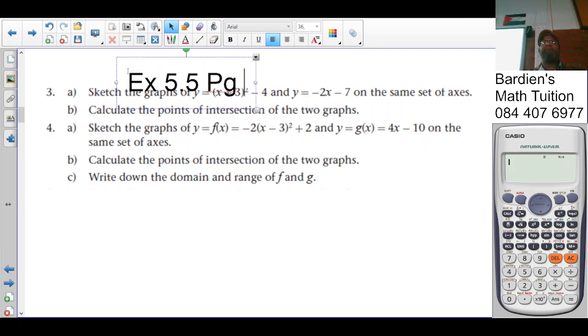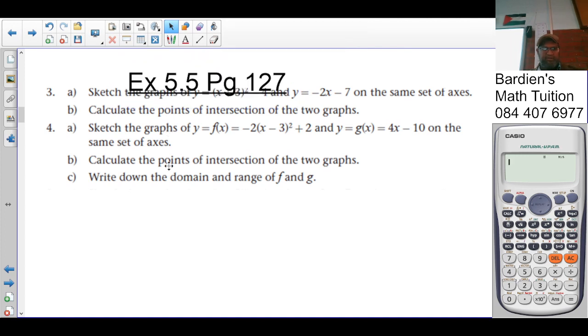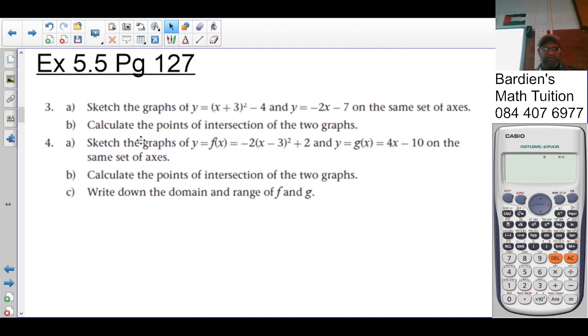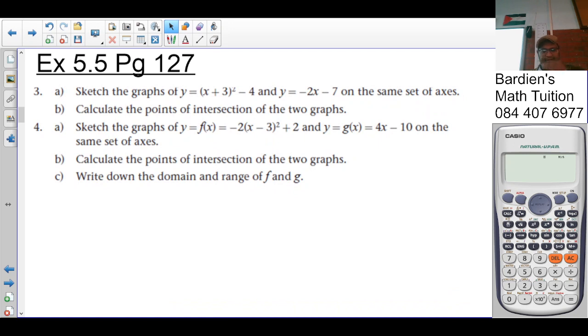Which page is this on? 127. Okay. Then I want you to do 5.10. 5.10 is on page 131. Then I want you to do number 6 and 7 as well. So tomorrow during our maths lesson, we're going to do these sums as well as variations on it. Okay.